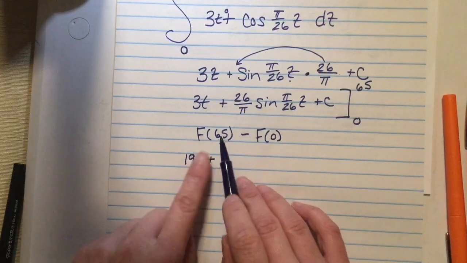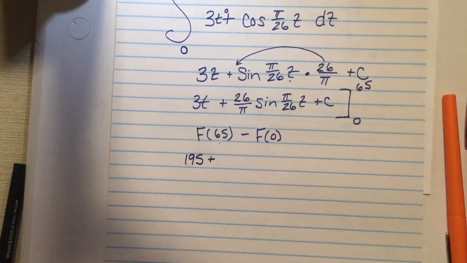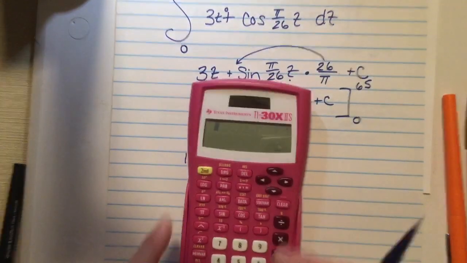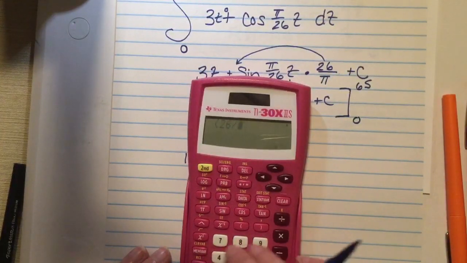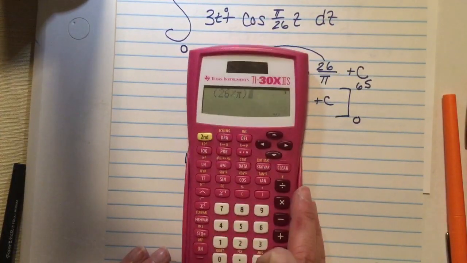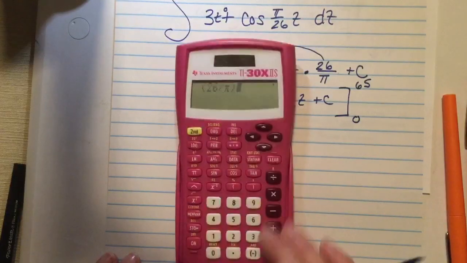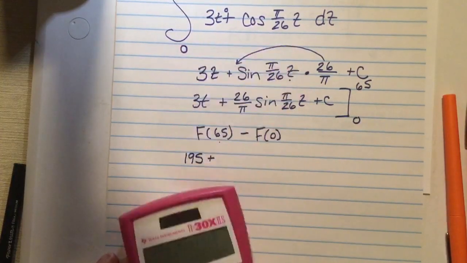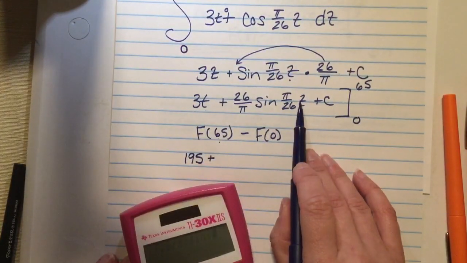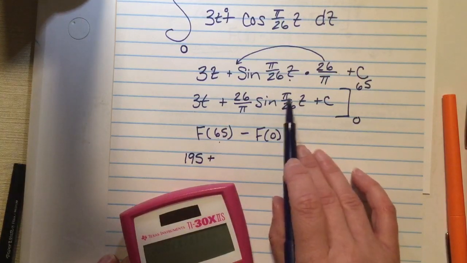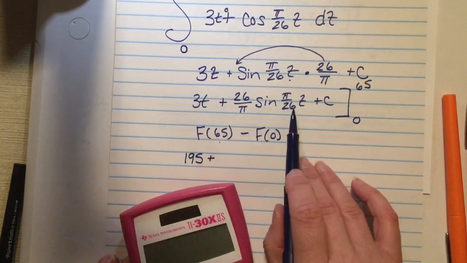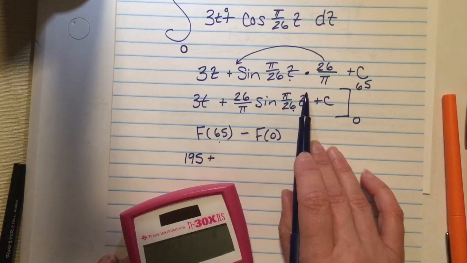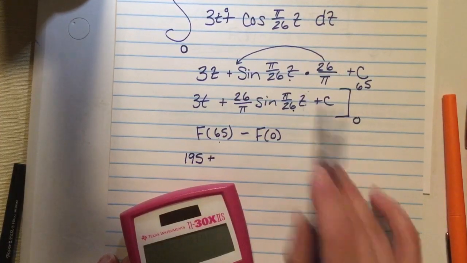Plus, if I put in a 65 here, now this gets a little crazy. So I have 26 divided by pi out front. Then it's a sine. If I put in a 65 here, this is going to be multiplying fractions. It'd be 65 pi over 26, because if I fill in a 65, it's the same as 65 over 1.